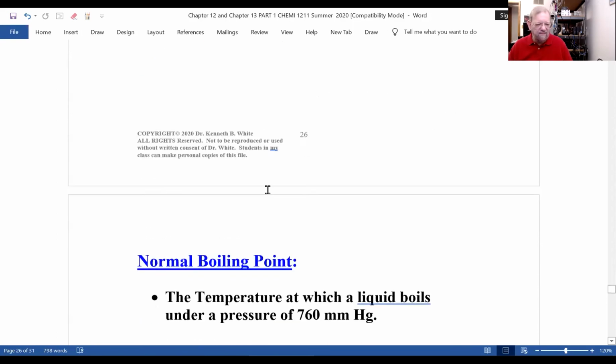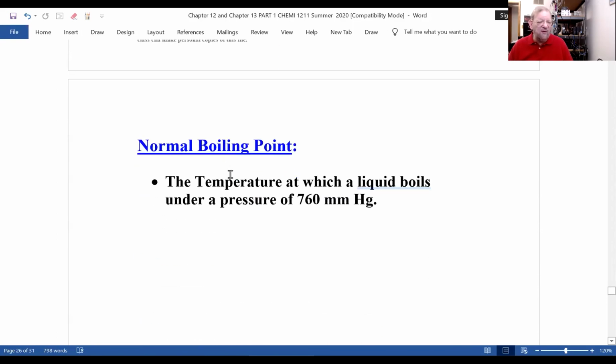Now, normal boiling point by definition is the temperature at which a liquid boils at a pressure of 760 millimeters of mercury, otherwise known as 1 atmosphere. Generally, this is sea level on our planet, and in Chicago, we're at essentially sea level.